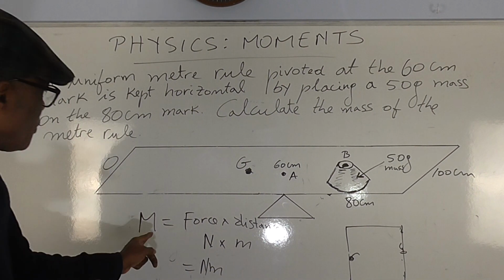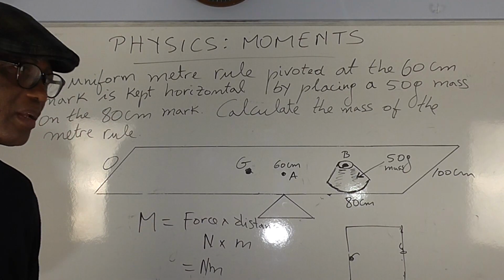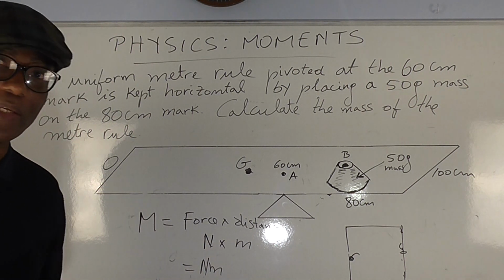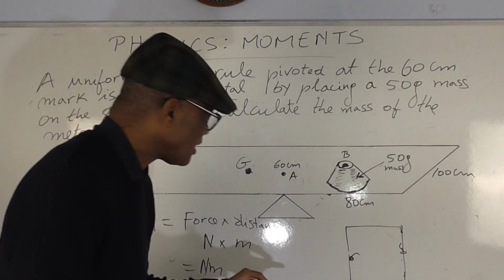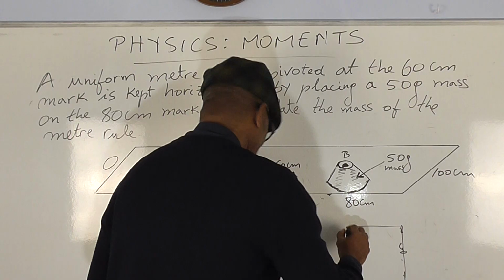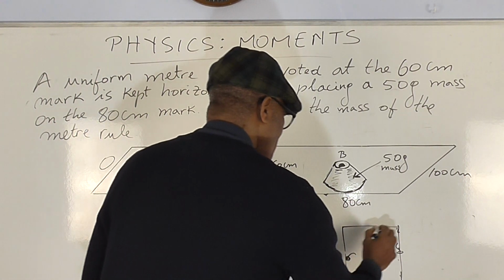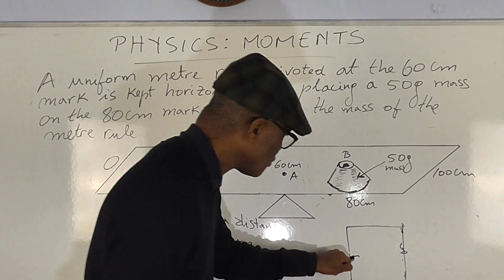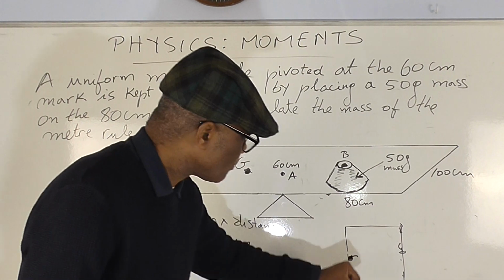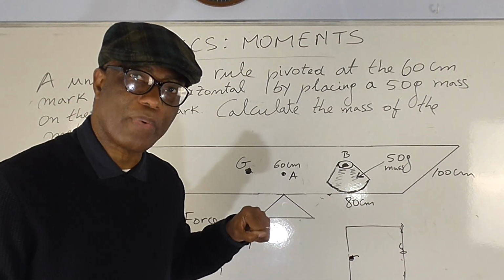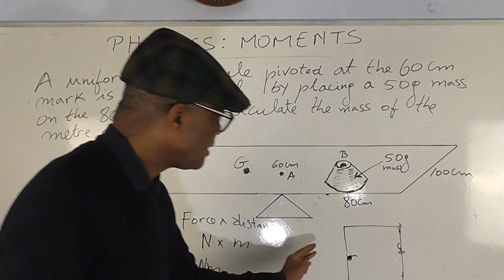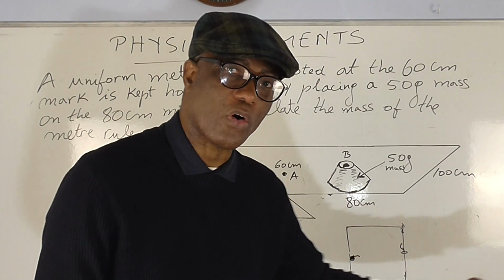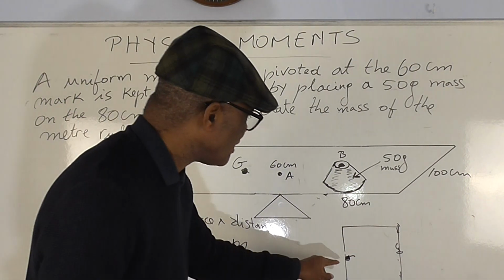Now, the formula to get the moment of force is force multiplied by the distance. Take a door with a handle where you put your hand to open it, and then the door will move to the left or to the right.